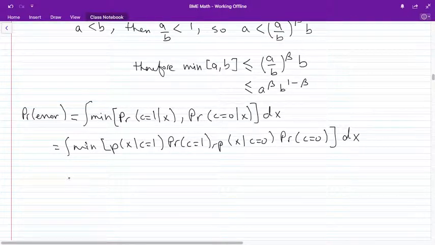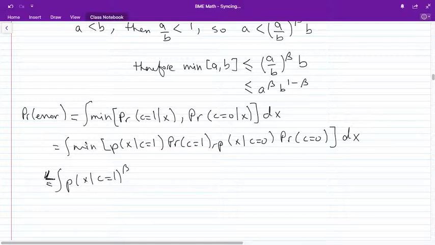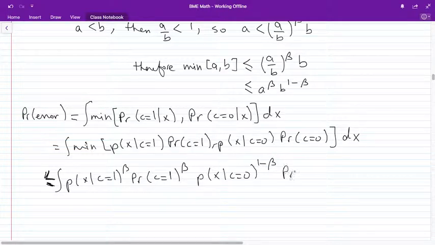So with that inequality that we had, that the minimum of A and B is less than or equal to A to the power beta B to the power of 1 minus beta, we can say that this integral is less than or equal to the integral of P of x given C equals 1 times the probability of C equals 1, to the beta, times P of x given C equals 0 times the probability of C equals 0, to the 1 minus beta, dx.